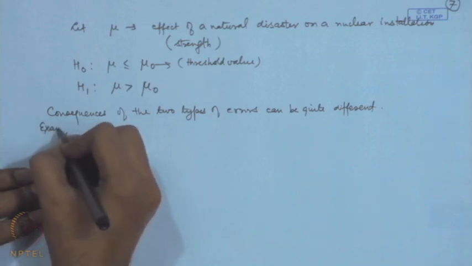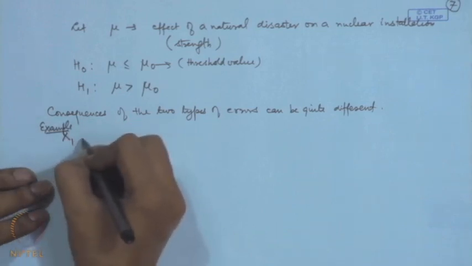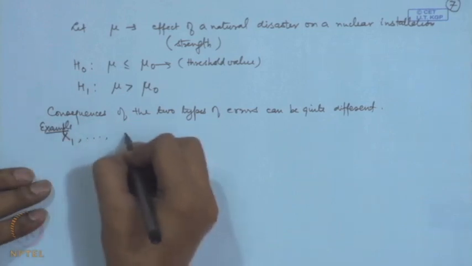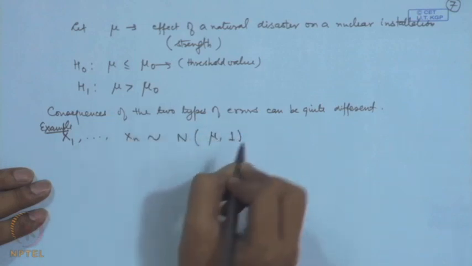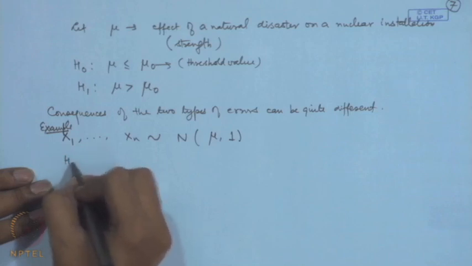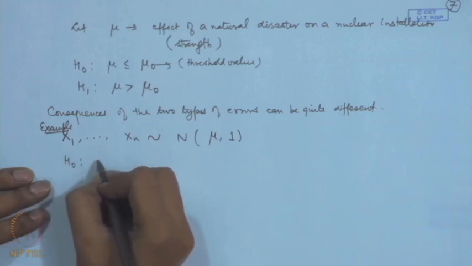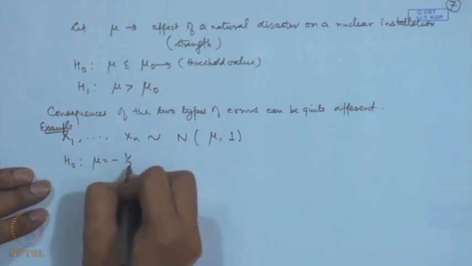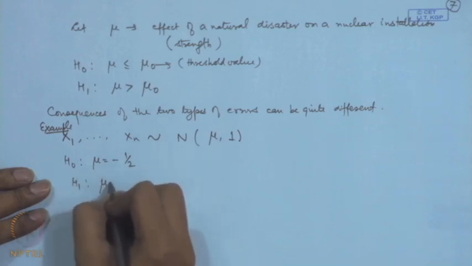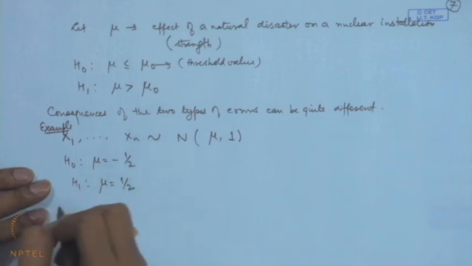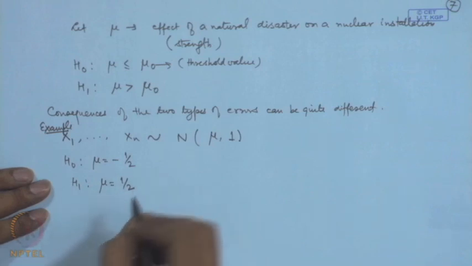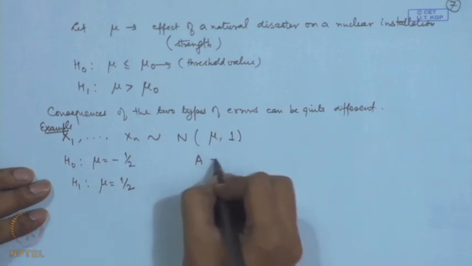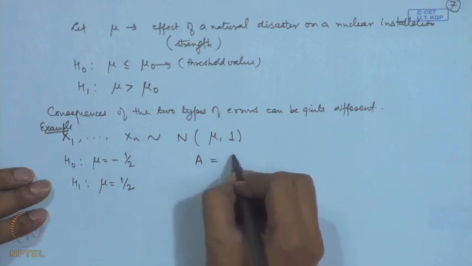So, consider, say for example, x 1, x 2, ..., x n following normal mu, 1, and our null hypothesis say mu is equal to minus half, H 1: mu is equal to say plus half. Now, we take a decision based on x bar.